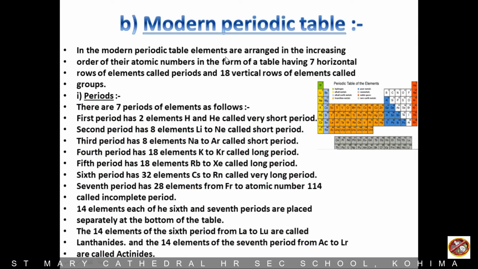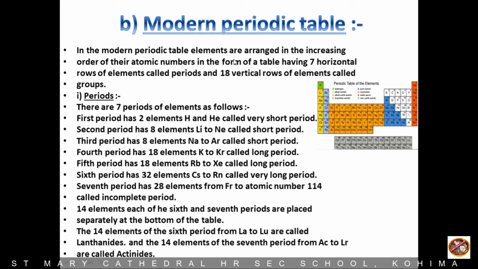Now in the modern periodic table, since I have explained already, let us just go through. In the modern periodic table, elements are arranged in increasing order of their atomic number. Remember, atomic number, not mass anymore. We are not following mass anymore, because in the previous part those chemists and scientists followed atomic mass, but they concluded that they can't arrange in that method anymore.